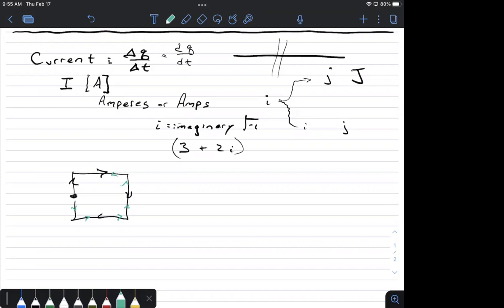So here's one big point of confusion for most people. If we say the current flows clockwise around the circuit, analytically speaking, in terms of the math, in reality, if you actually got a microscope big enough to look at these electrons and see how they flew through the wire, you'd actually be seeing the electrons flow counterclockwise.